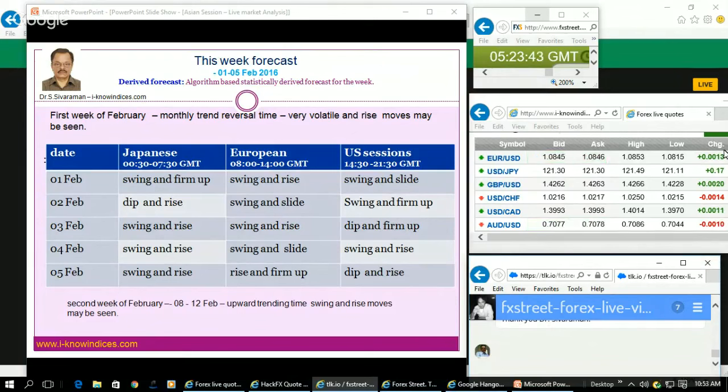So you can see how exactly they are handling the yen crosses, slowly gaining the levels in the case of Euro and GBP and also USD yen. They are handling the yen and yen crosses at the moment. And in the case of CHF, they are showing a USD weakening move, and Euro and GBP, a USD weakening move, but in USD yen, they are making a USD gaining move.